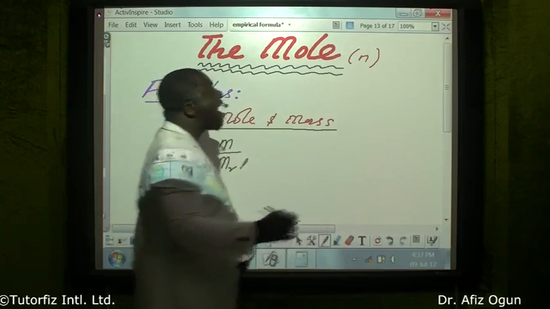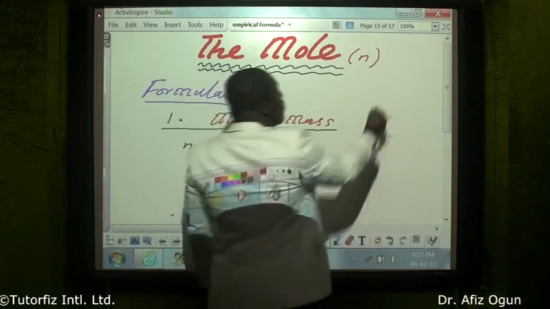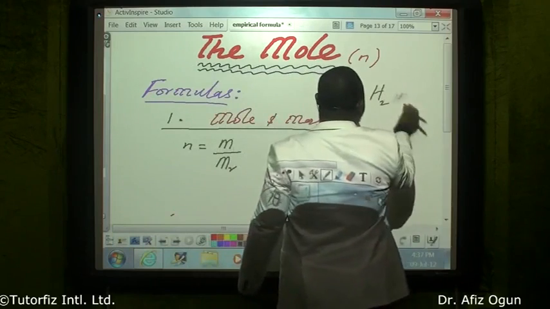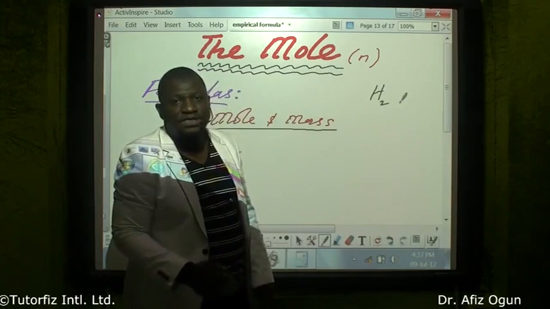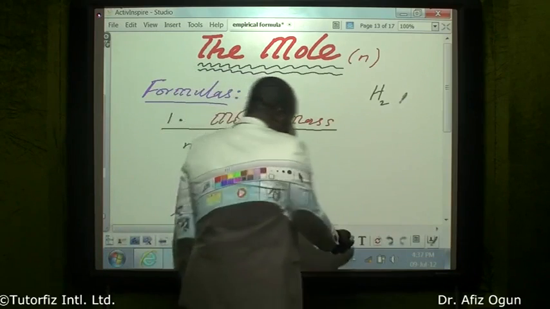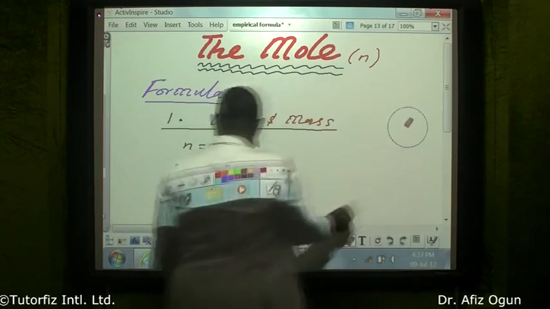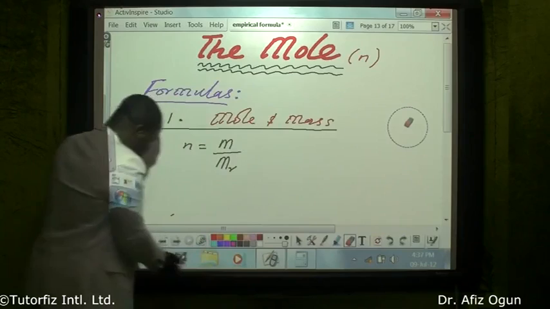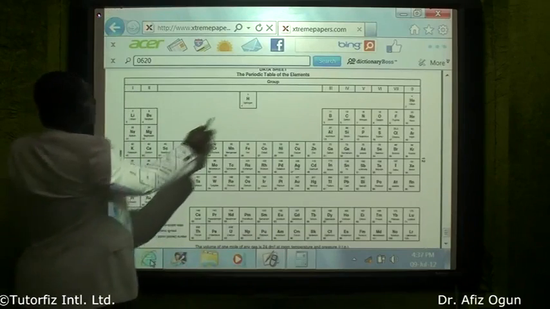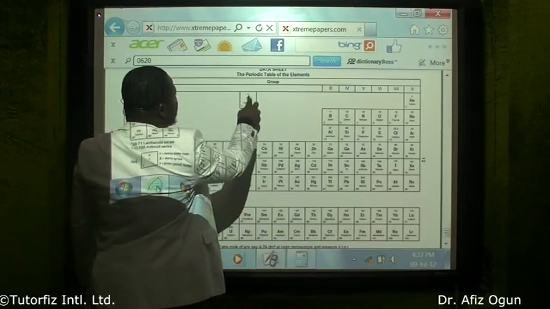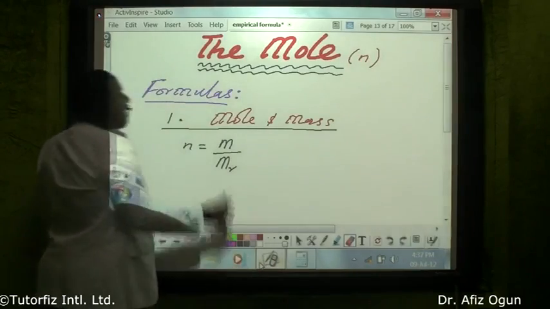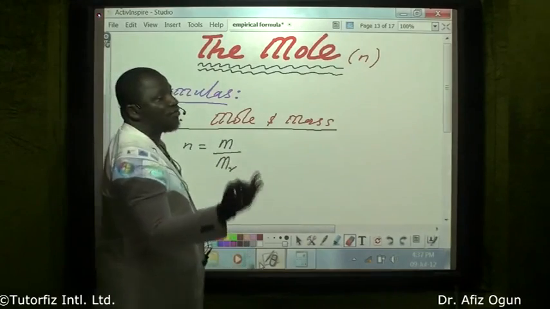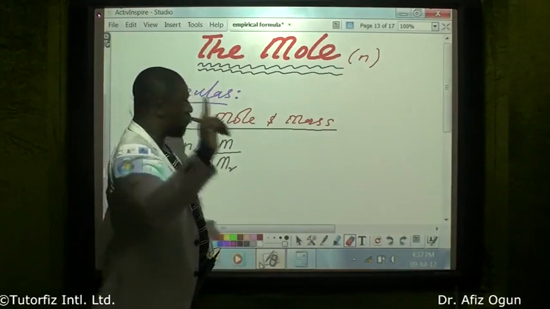A mole of hydrogen contains what unit? H2, because hydrogen is a diatomic gas. So I will look at the periodic table. The mass of hydrogen is 1, but the molar mass of hydrogen will be 2 because I have 2 atoms of hydrogen in 1 mole of hydrogen.